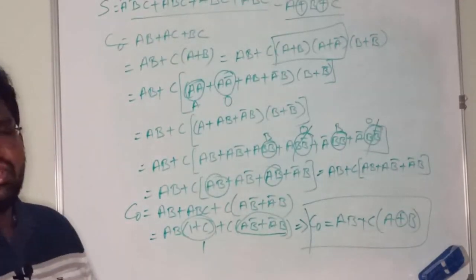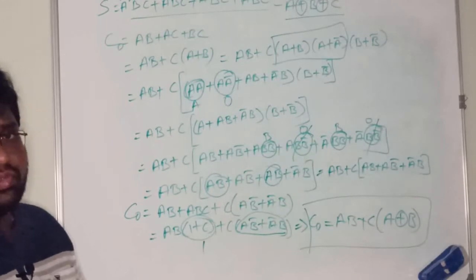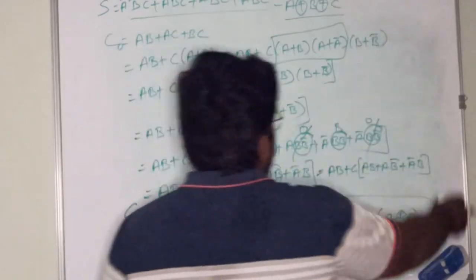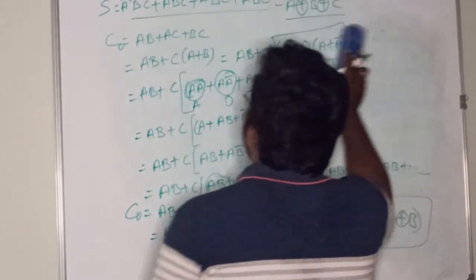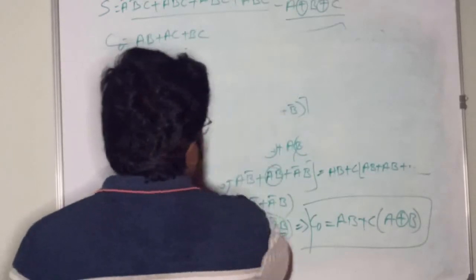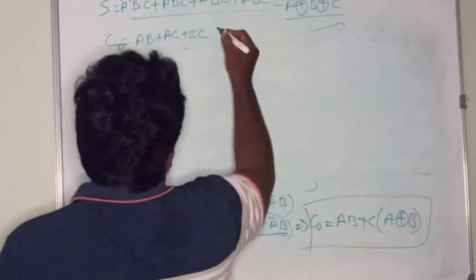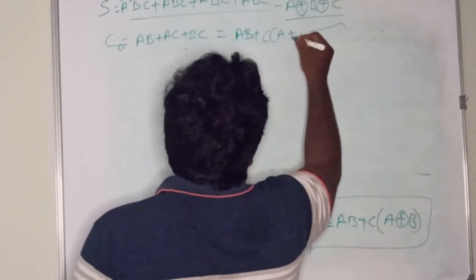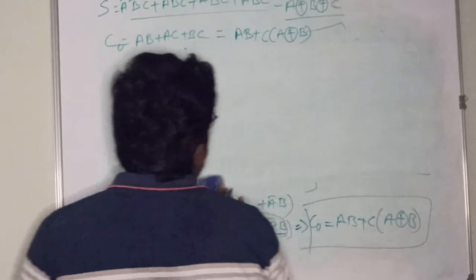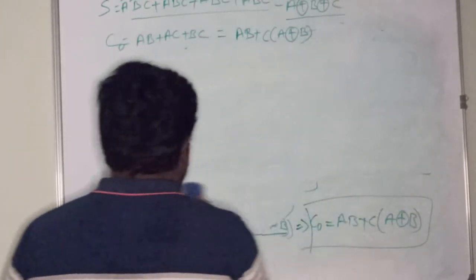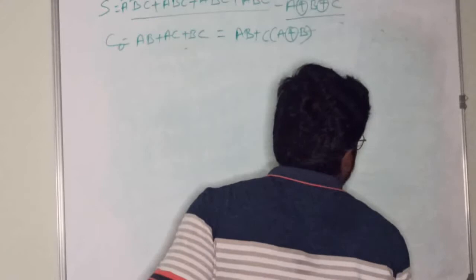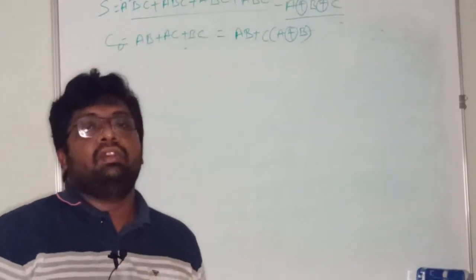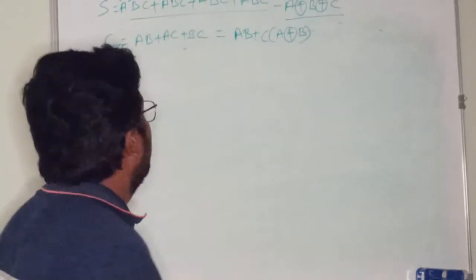So now let us draw the full adder circuit by using the two half adders, right? So C0 is equal to AB plus C into (A XOR B). This is the final expression that we got, right? So now, a half adder consists of one XOR gate and one AND gate, right?